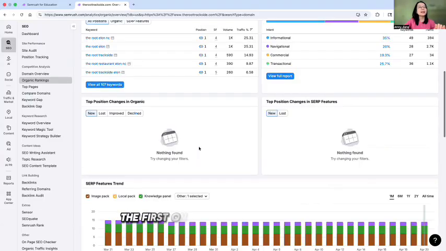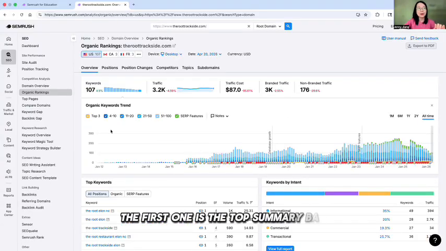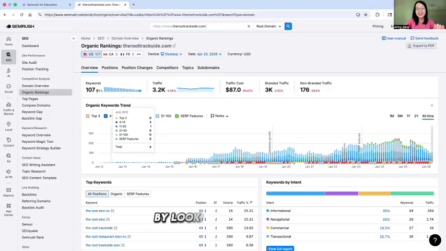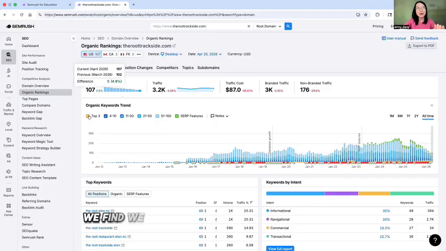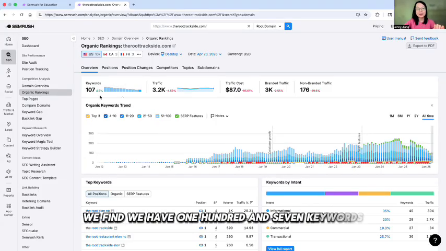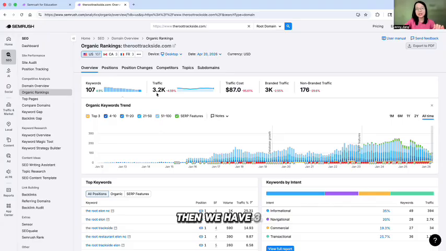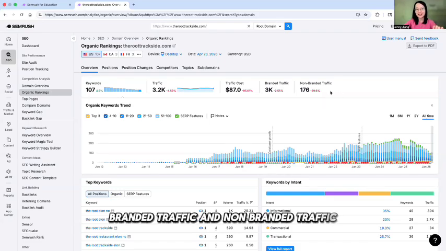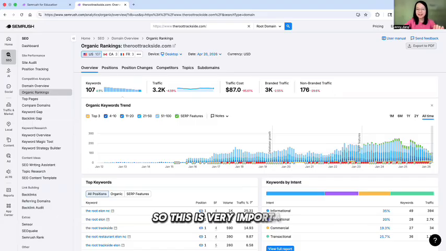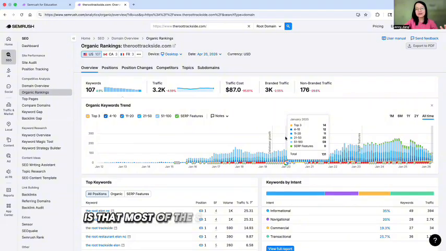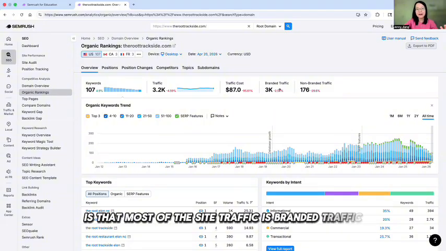The first one is the top summary bar. By looking into this bar, we find we have 108 keywords, and we have 3.2K traffic, and we also have this information, which is super important: branded traffic and non-branded traffic. So the biggest insight here is that most of the site's traffic is branded traffic.